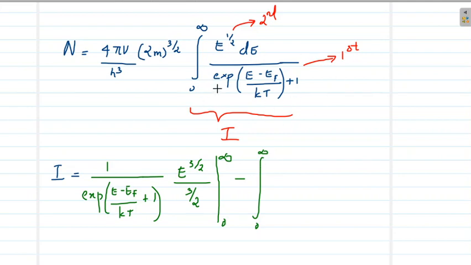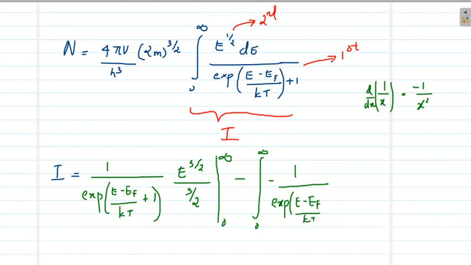So the first function is 1 by exponential of (E minus EF) by kT plus 1. What is the derivative of that function? What is the derivative of 1 by x? d by dx of 1 by x is minus 1 by x square. So this is a 1 by f of x function, and its derivative is minus 1 by exponential of (E minus EF) by kT plus 1 the whole square, into the derivative of this factor.